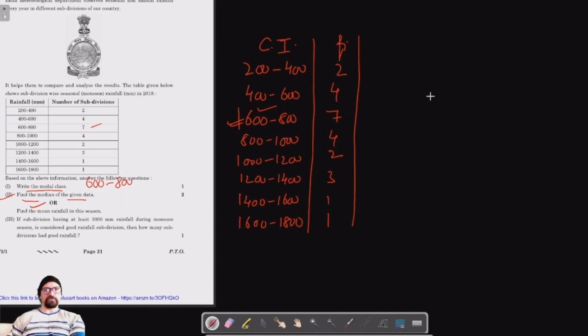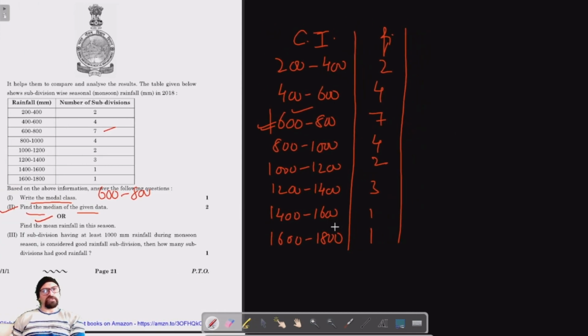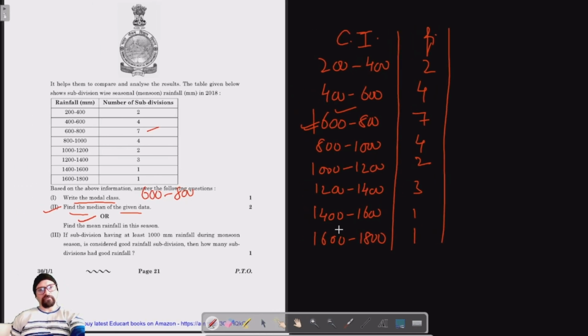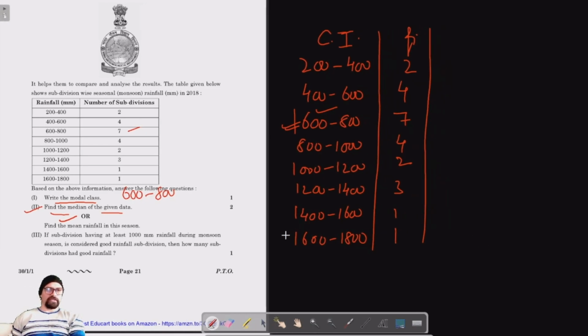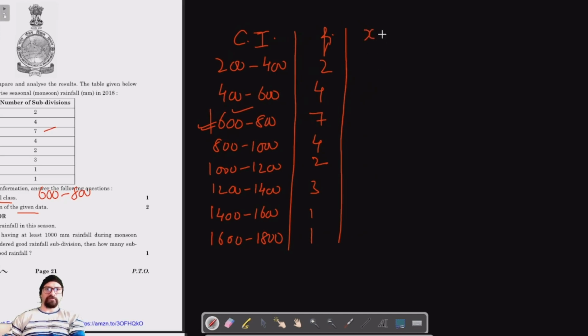So mean rainfall in this season can be calculated by any of the methods. Either you can use the direct or the step deviation or any of the methods. So let's try to find it out. To find the mean of the rainfall, we are going to use the step deviation, or let me use the direct method.